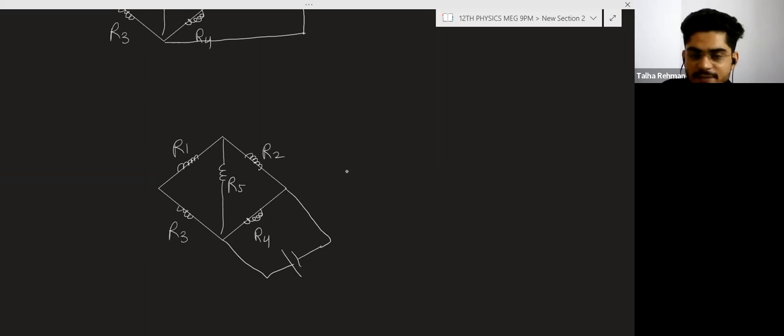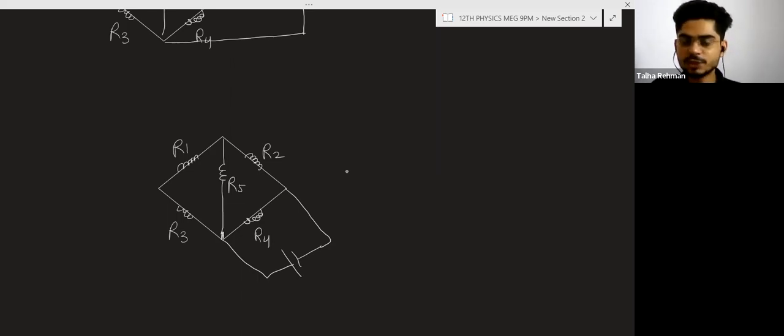So again, this is not the Wheatstone Bridge, because this is a finite combination, meaning this R1 and R3 are in series, and with this R1 R3 this R5 is in parallel, and with this whole equivalent this R2 is in series, and with this whole equivalent this R4 is in parallel.